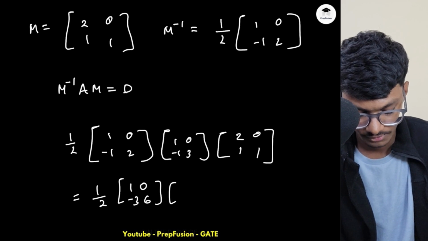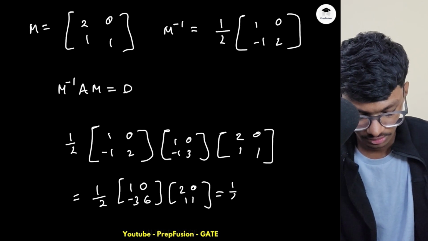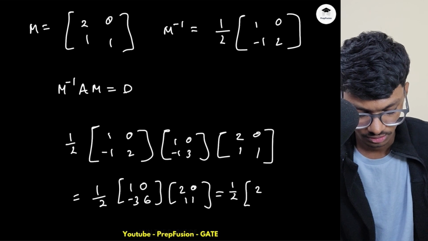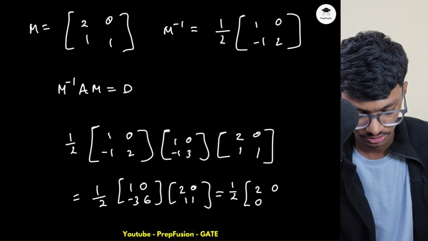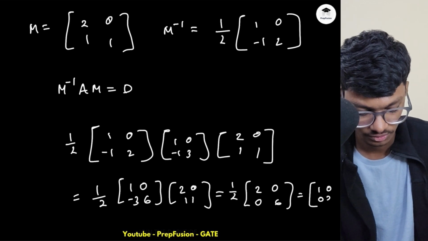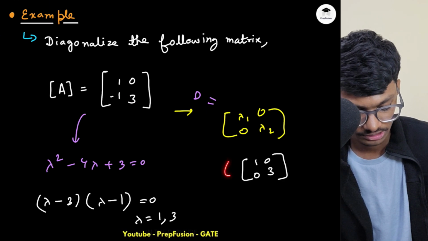This is 2 1 1, and the 1 by 2 is outside. So this is 2, 0, 0, this is minus 6 and 6, so this is 0 again, and 0 and 6. Now I can divide by 2, so this is 1 0 3, right? This is what we are expecting, 1 0 3.